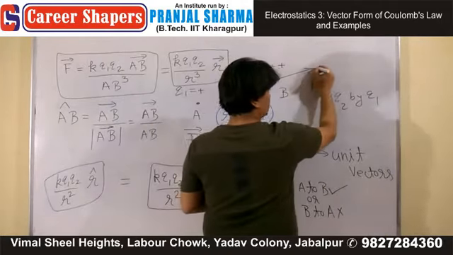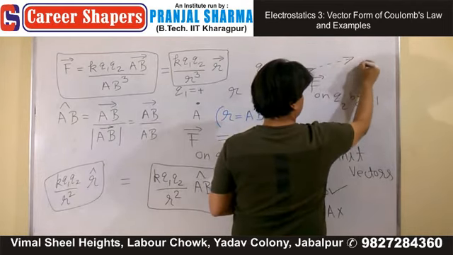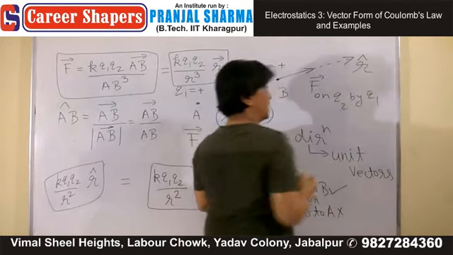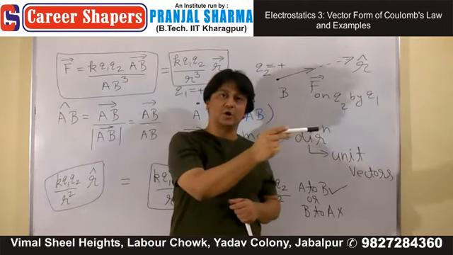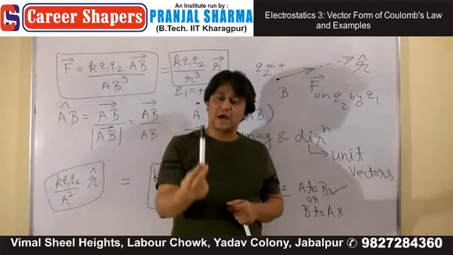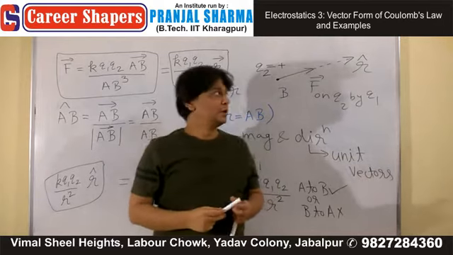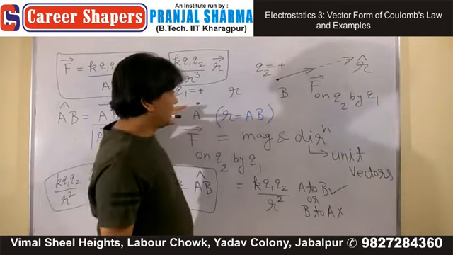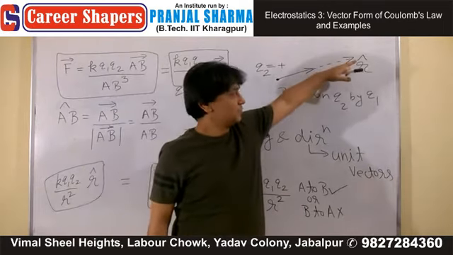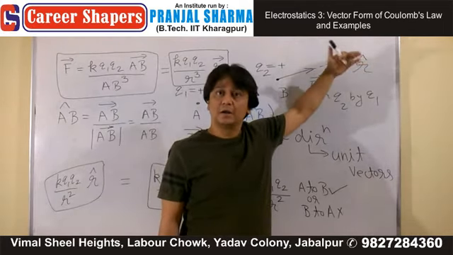This direction is called R cap. For example, you know that this direction is called I cap. This direction is called J cap. The line joining A and B, this direction is called R cap.